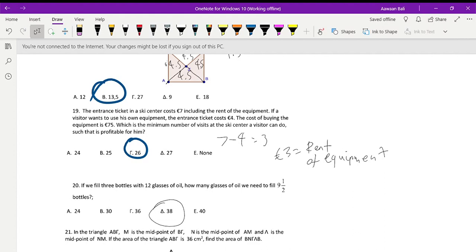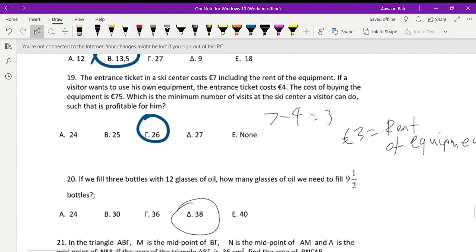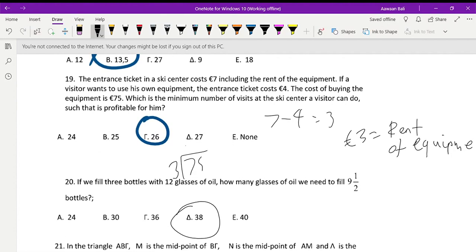So basically, if you're buying this ski equipment in segments, every 3 euros can add up to €75 since it's divisible. So 75 divided by 3 is 25.